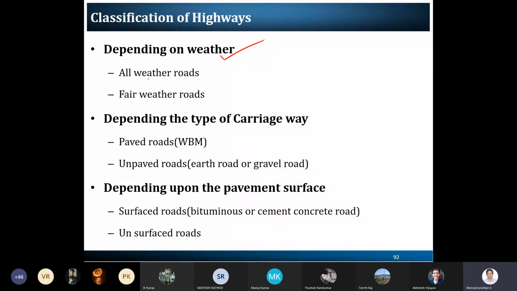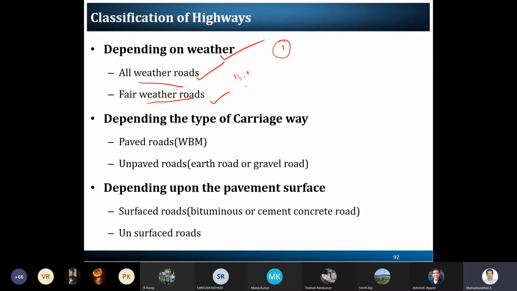Some roads are good for all weather conditions, but for some roads we have to consider the weather when constructing them. Maybe a snow area, a heavily rainy area, or totally dry areas. According to that, the temperature will matter when you are planning a bituminous road. So that will be the first classification: with and without considering the weather.